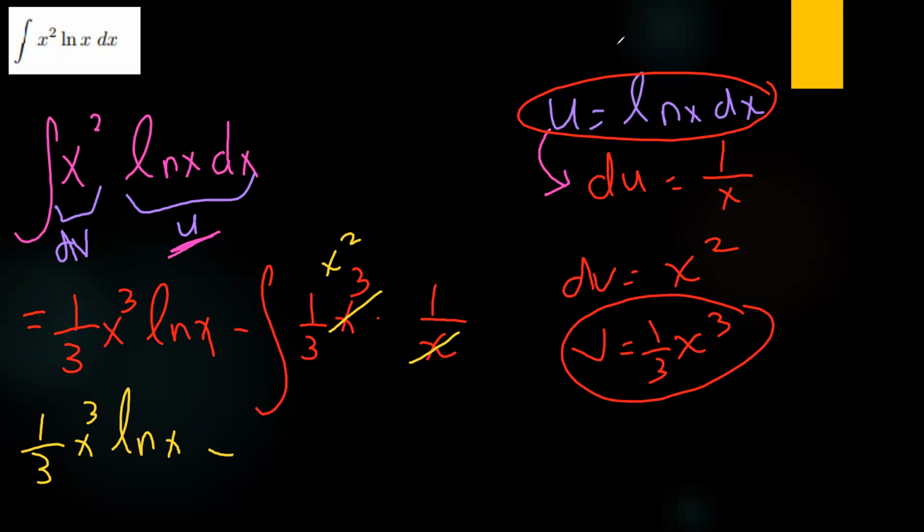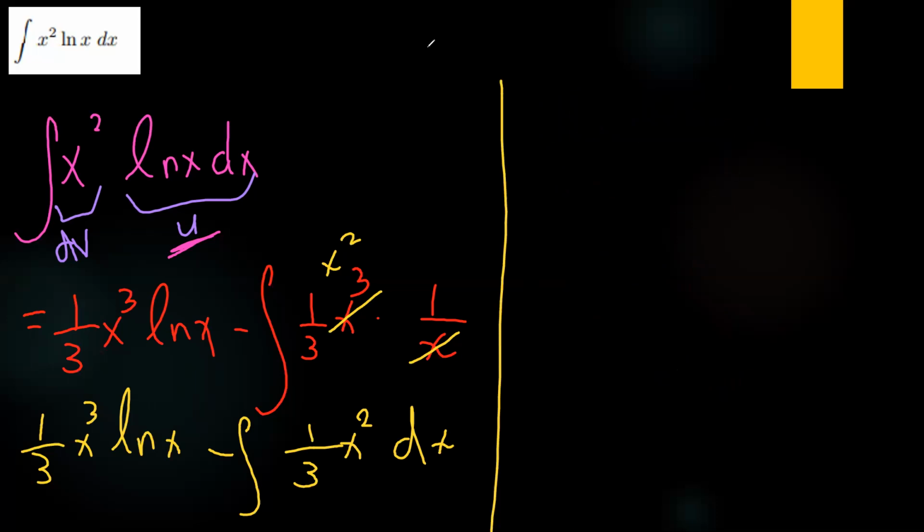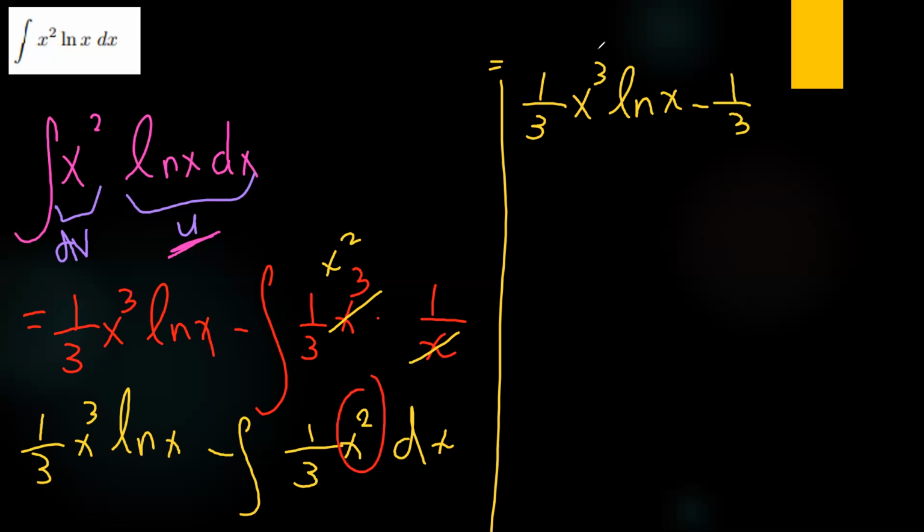Here, what do we have? We have to find the integration of 1 over 3 x squared dx. So let's continue: 1 over 3 x cubed ln x minus 1 over 3 times the integration of x squared, which is 1 over 3 x cubed, plus c.